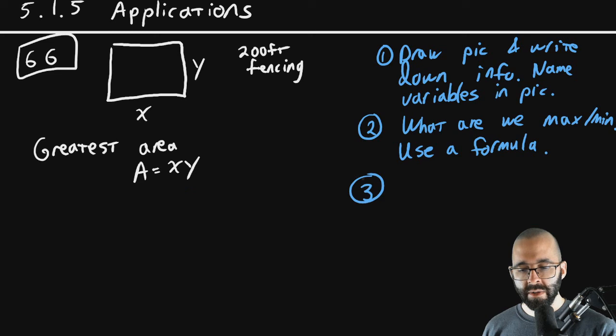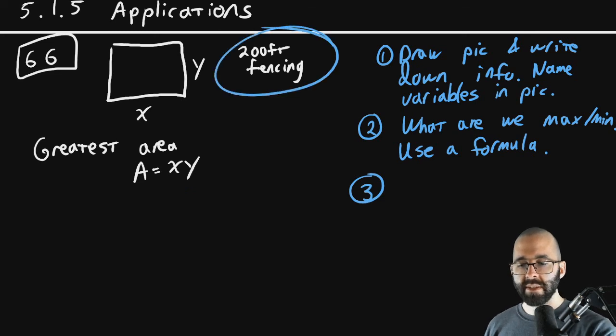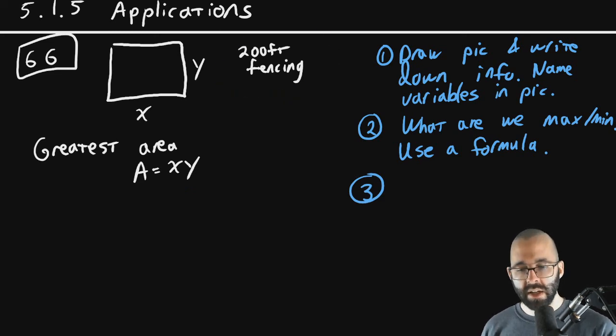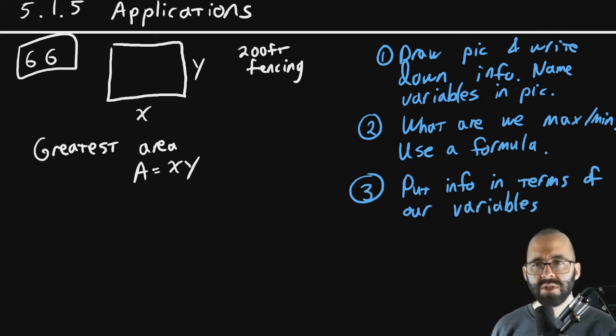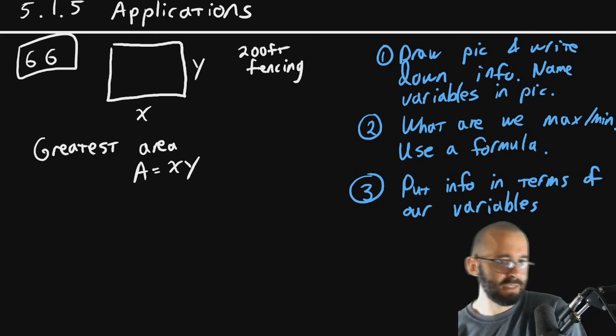The next step we're going to do, we haven't used this yet. Write down information, like put this in terms of math. Put this 200 feet in terms of math. Put the info in terms of our variables. So what does 200 feet of fencing mean for us?